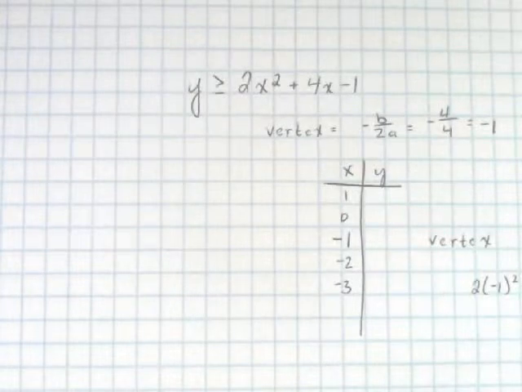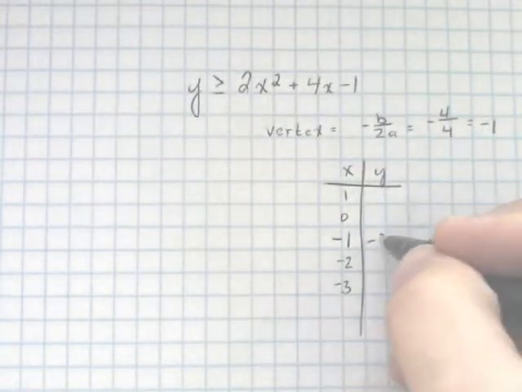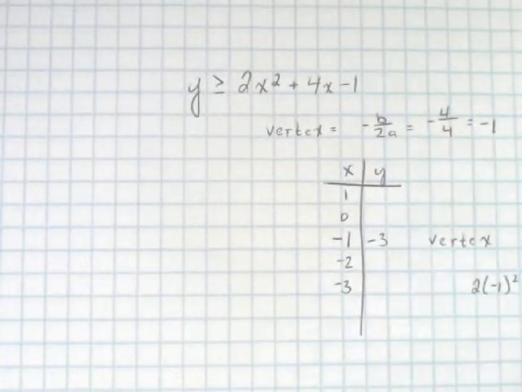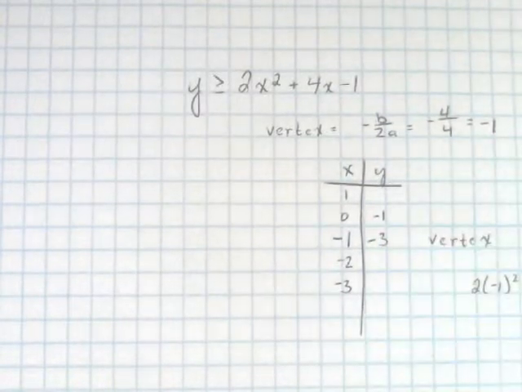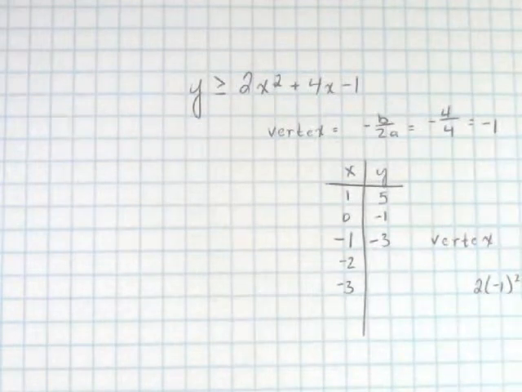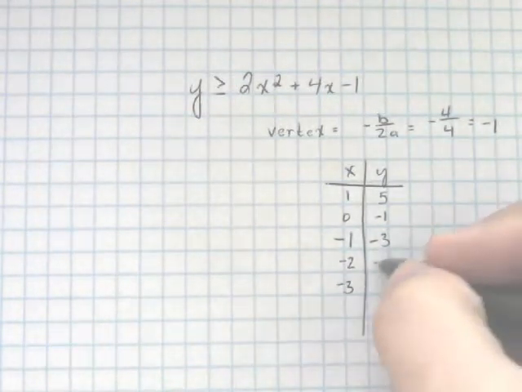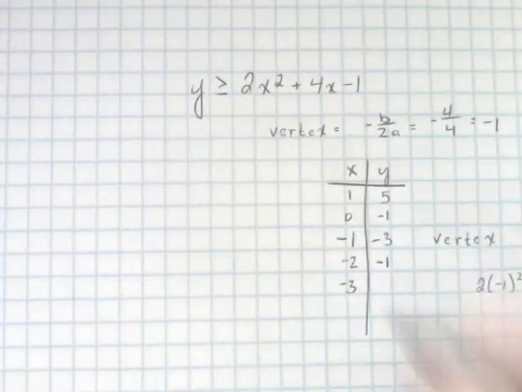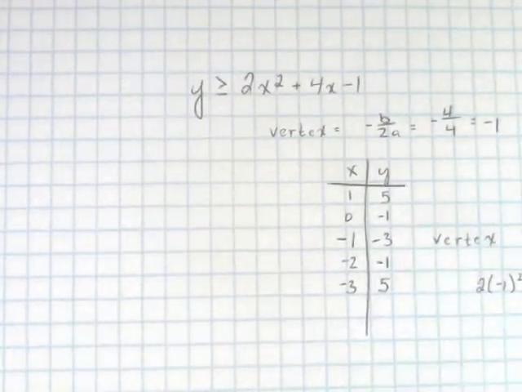So that's going to give me negative 3. Plug in 0, gives me negative 1. Plug in 1, that'll give me 5. If I plug in negative 2, gives me negative 1 again, and if I plug in negative 3, that'll give me 5 again.